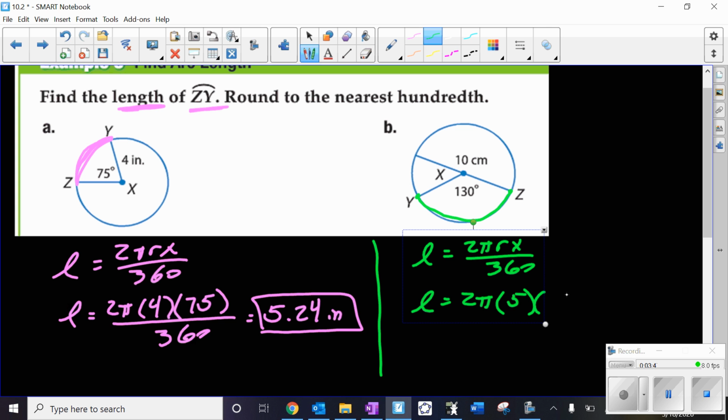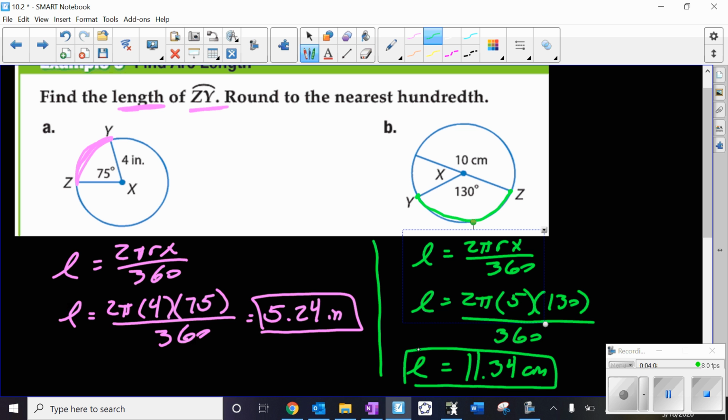And then the angle measure associated with YZ is 130 degrees. Divided by 360 will give me L equaling, and you should plug this into your calculator to make sure that you're getting the right values. It comes out to 11.34 centimeters. And that would be your arc length.